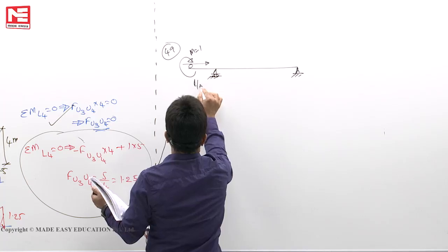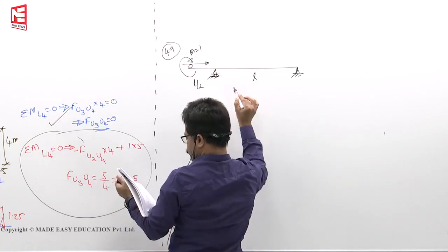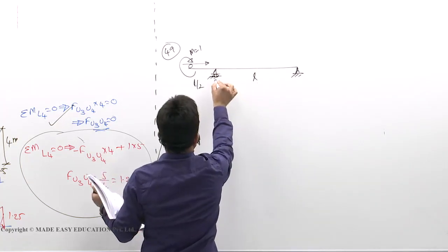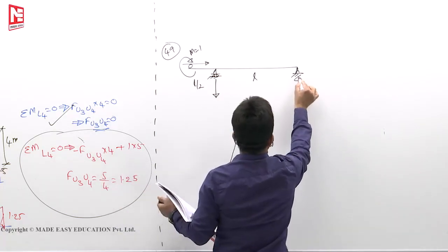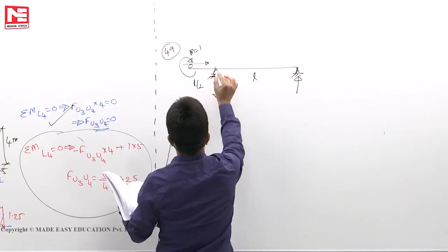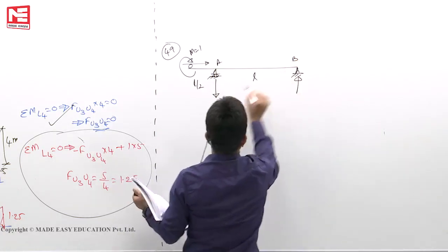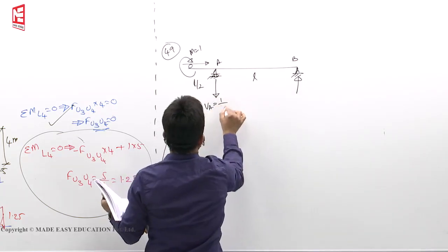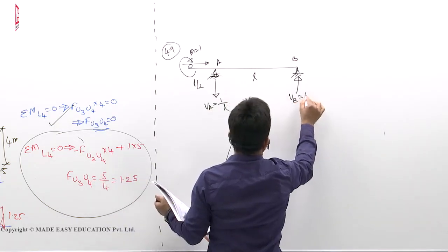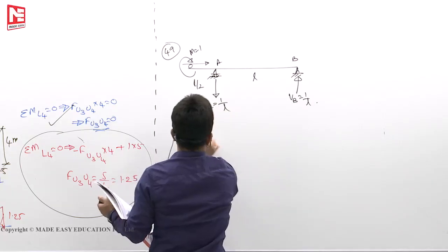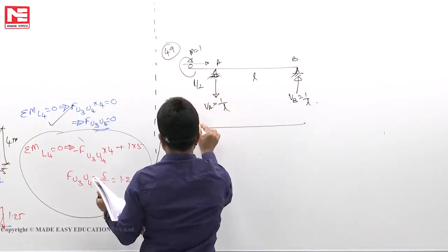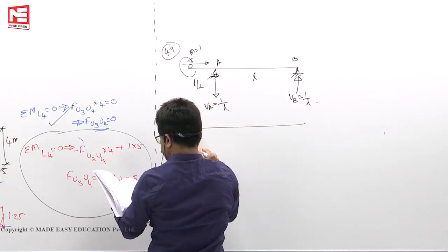This is L by 2. This is L. M is clockwise, so the reaction is anti-clockwise for all positions. This point let us say A, this point say B. So VA is equal to 1 by L, VB is also 1 by L. Constant. So downward VA is left to right.